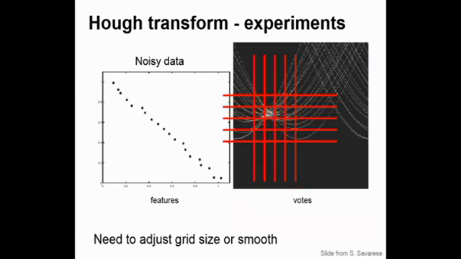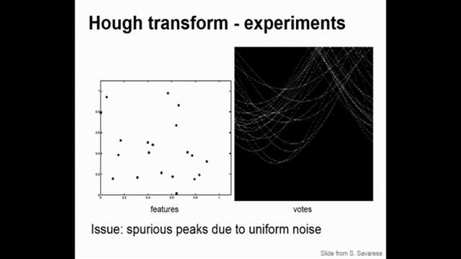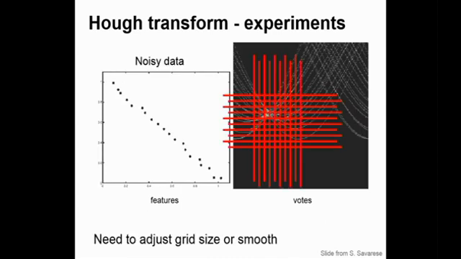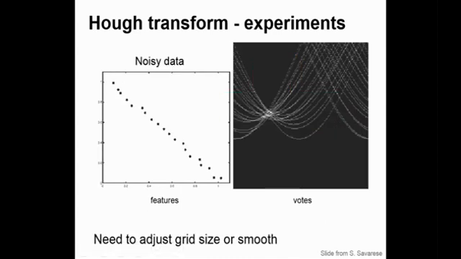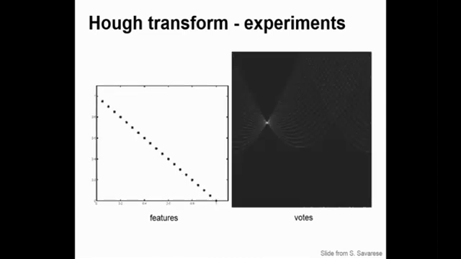In practice, I think it's a better solution to smooth than to make a bigger grid. But it depends on how many parameters you have, for example. So the Hough transform can be good at dealing with outliers. The reason is that if I have a random point that's off on its own over here, then it's just going to have a sinusoid that's unrelated to most of these, and it won't really affect the maximum.